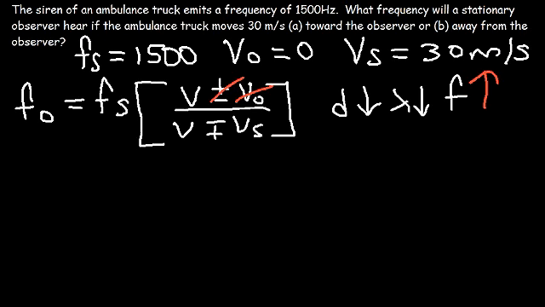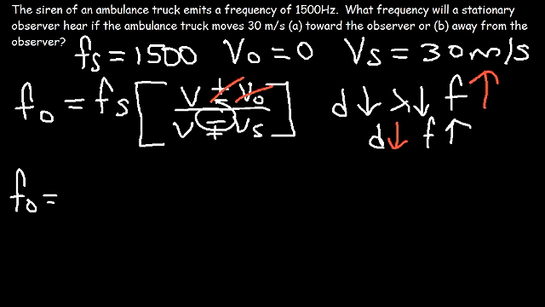Now, we're focused on the denominator of the fraction, which is inversely related to the frequency. So in order for the value of the whole fraction to go up, the value of the denominator must go down, and that's going to cause an increase in frequency. So therefore, we want to use a negative sign and not a positive sign.